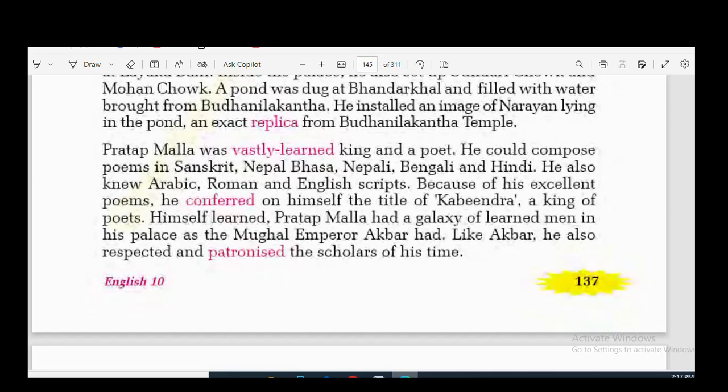Pratap Malla also kept a team of intellectual people. He also respected and patronized the scholars of his time, and had huge respect for the intellectual people of his time.